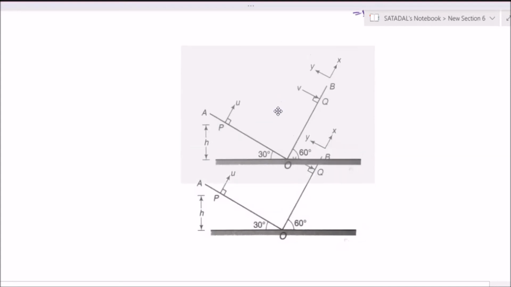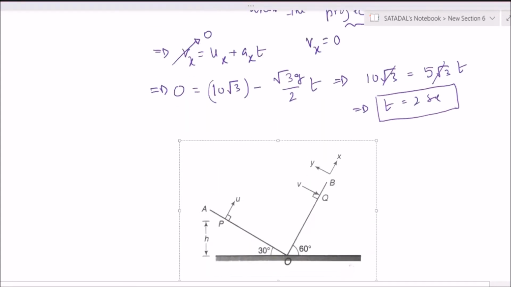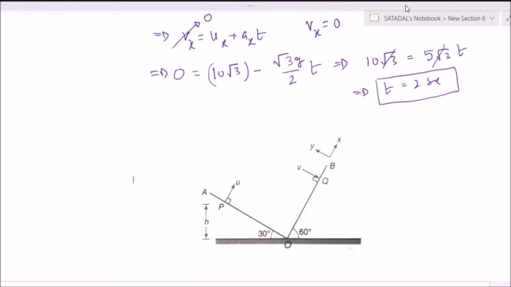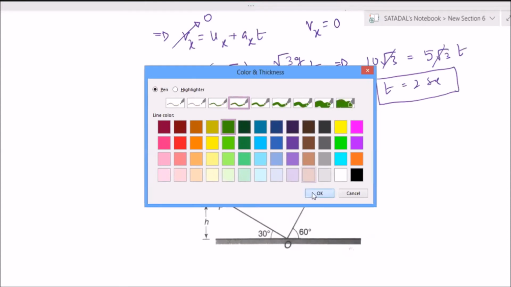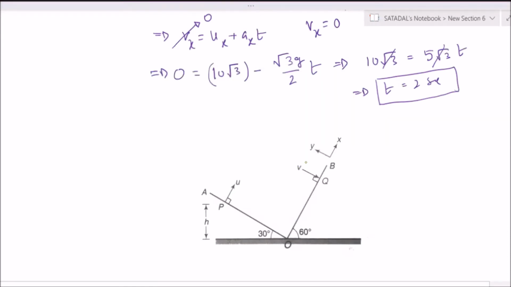So now I'm coming to the second part of the question. It says I have to find the velocity with which it is going to strike here. Now see, it is very easy. Initially this velocity is along x. So ux is equal to 10 root 3 meter per second. Initial velocity along y, uy is equal to 0. So can I write this equation? Vy is equal to uy plus ay into t.